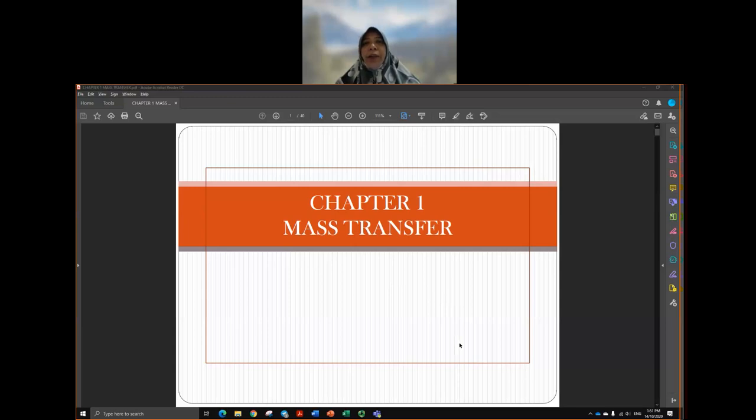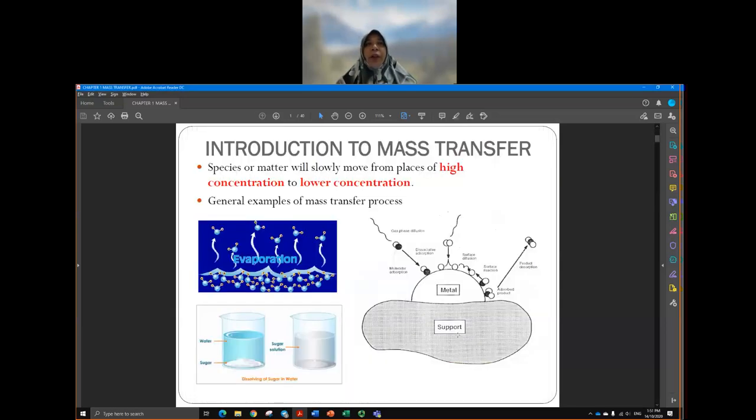When we talk about mass transfer, we can talk about how particles move from one place to another place. Here we have a very simple definition.